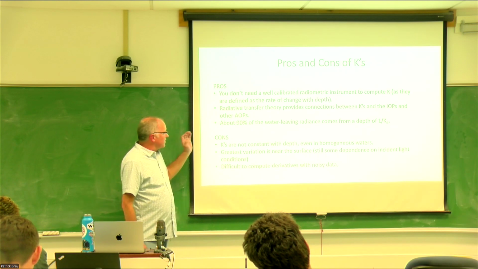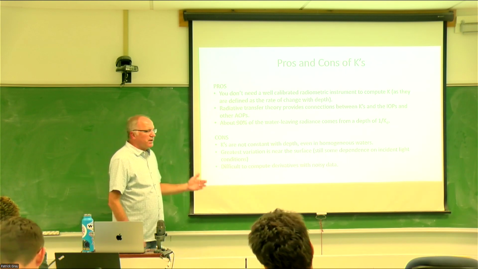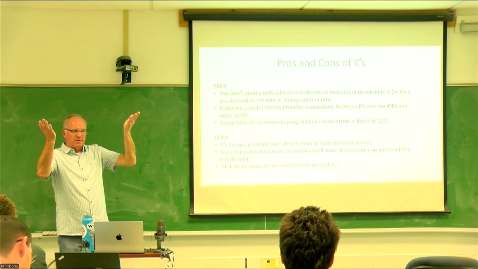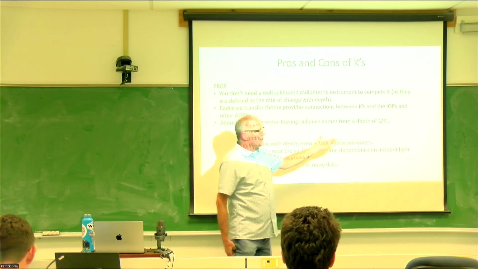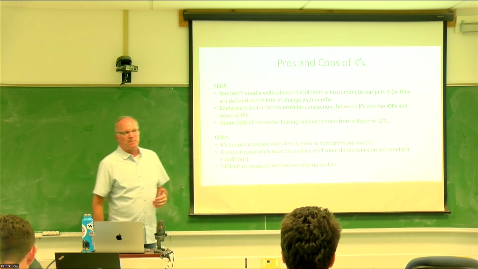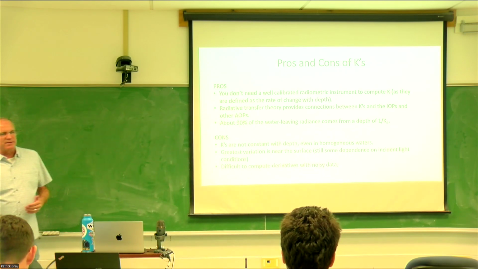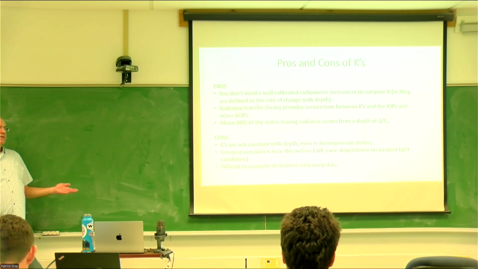Great other thing about it is about 90% of the water leaving radiance, which is what's coming out of the ocean, comes from a depth of 1 over the KD value. Another way to interpret this is why remote sensing is really good.